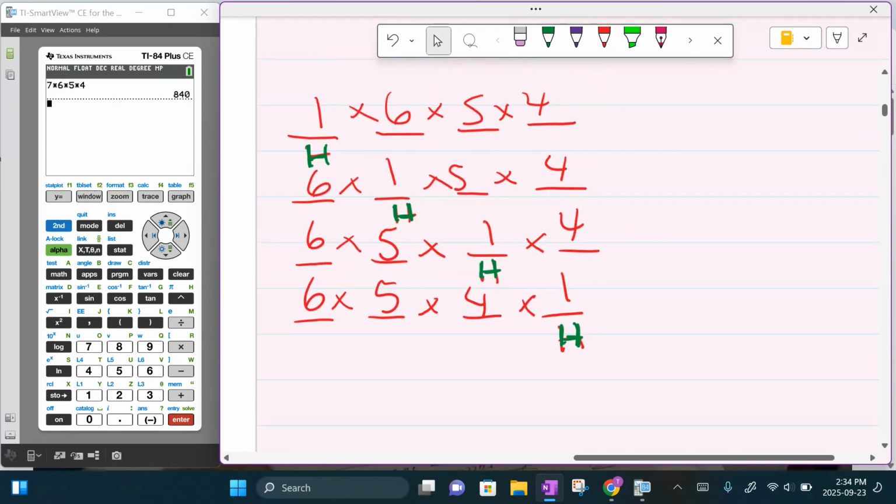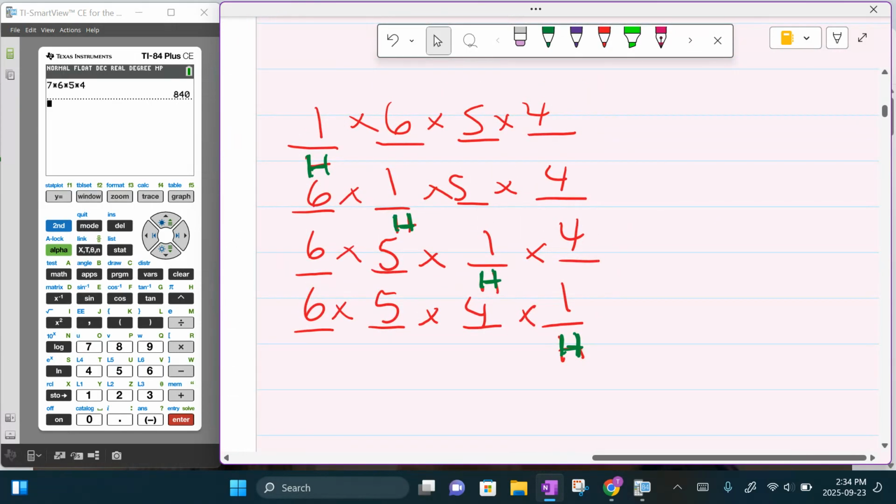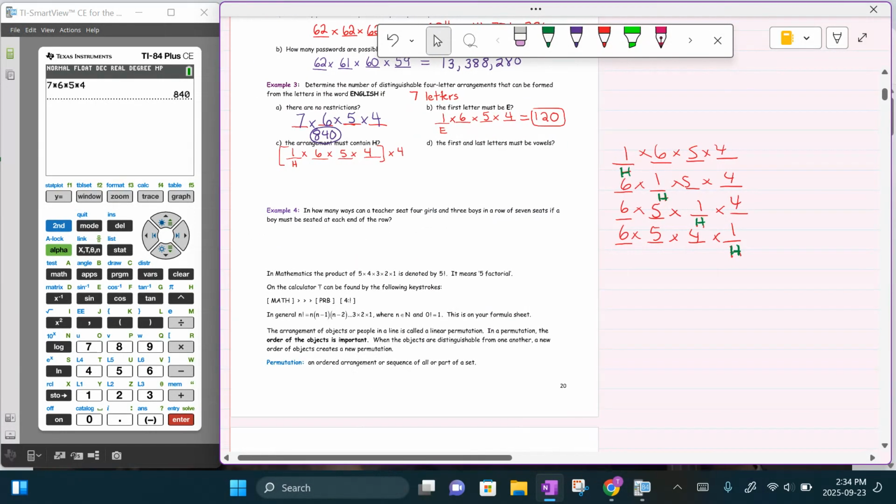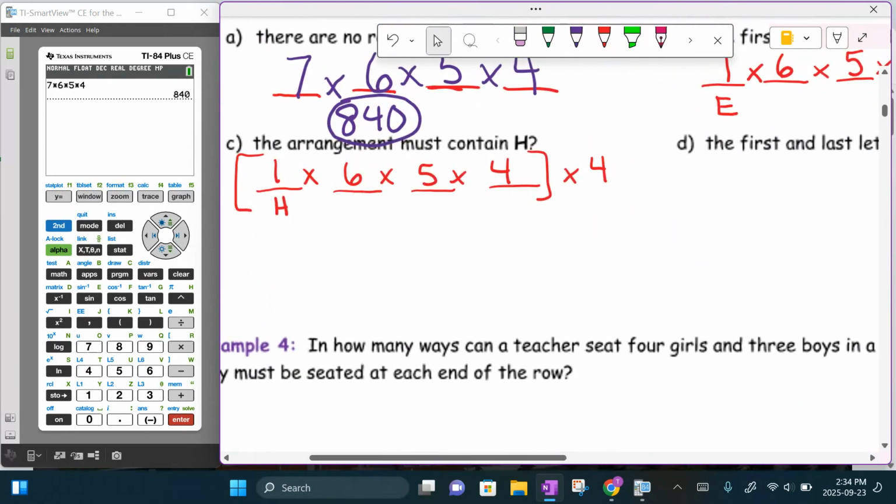Because a lot of times, guys, there might be 10 cases. If I said use all the letters, would you have to do 7 cases? Right? Because there would be 7 positions. So to me, it's easier just to look at it that way. Do one case, and timesing it by 4 is just how many positions the H could have gone.